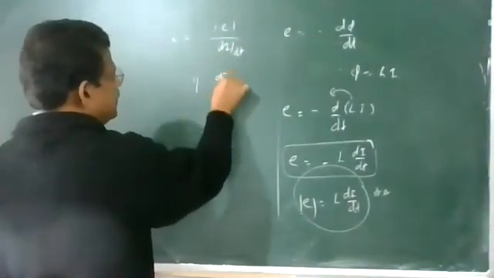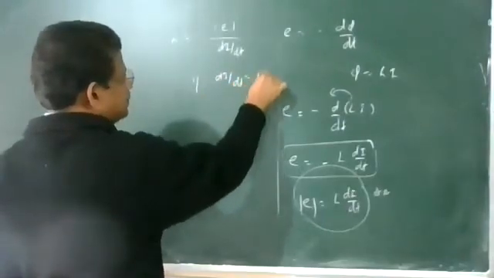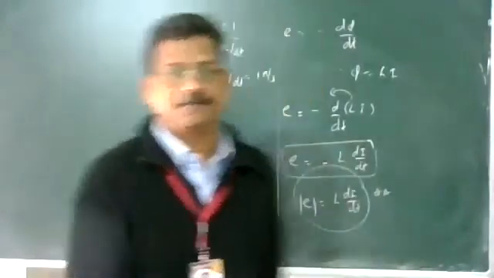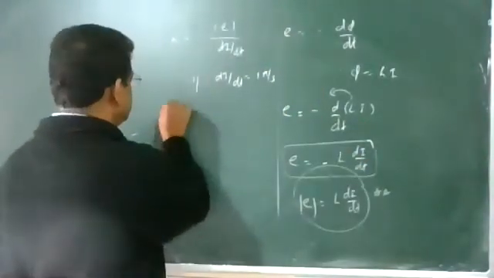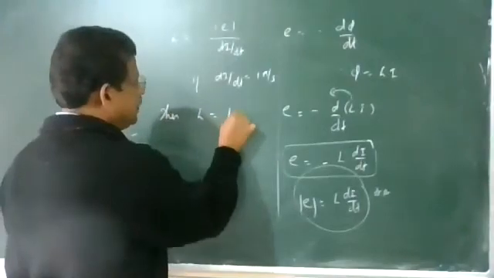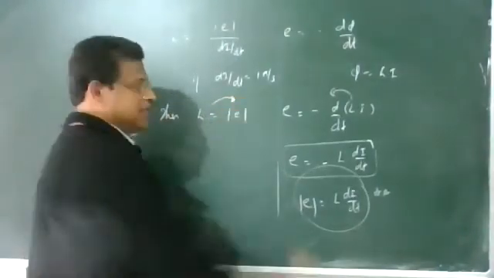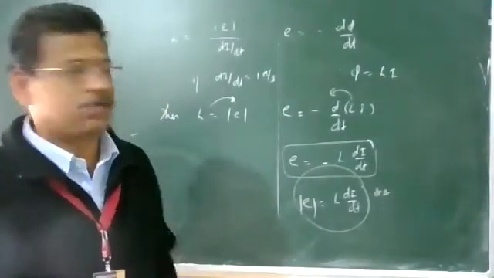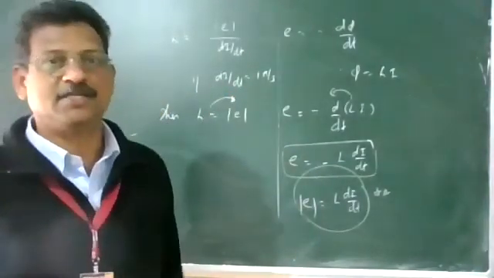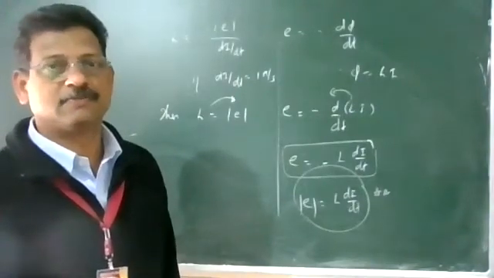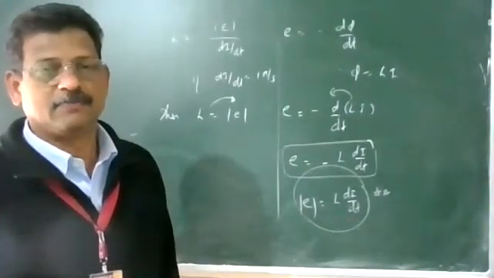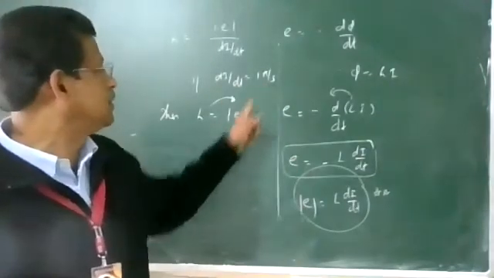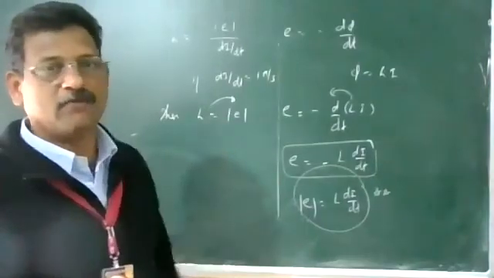If di by dt is 1 ampere per second, that is, the current in the coil changes at the rate of 1 ampere per second, then L is equal to E. So self-inductance of the coil can also be defined as numerically equal to the EMF induced in the coil when the current in it changes at the rate of 1 ampere per second.